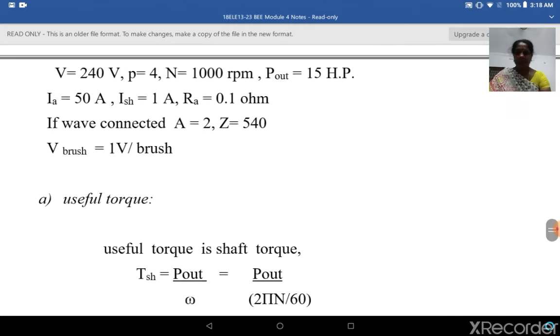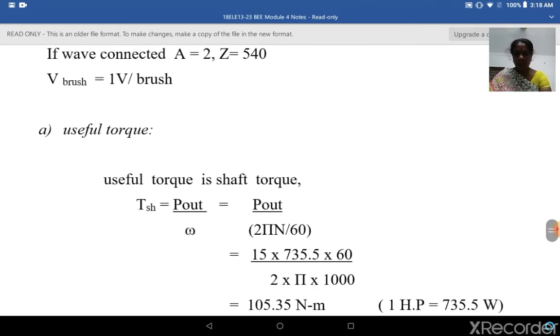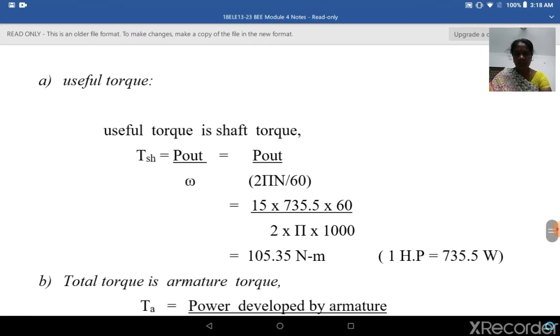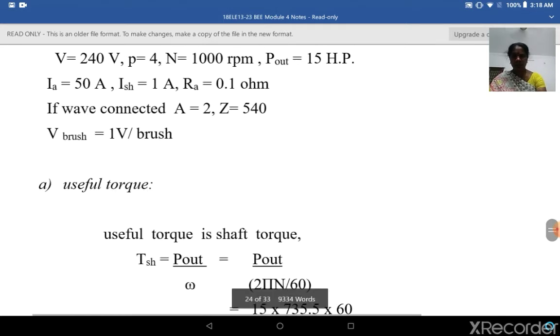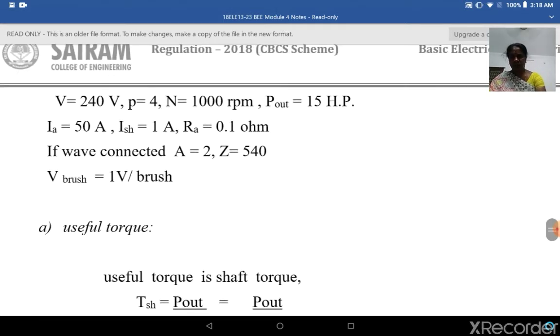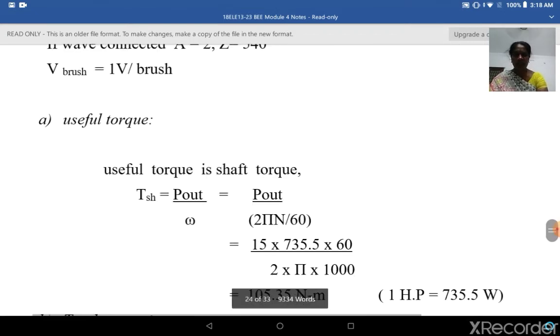Make use of the formula. Useful torque, that is the shaft torque, is Tsh. Tsh is equal to Pout by omega, where omega is 2 pi N by 60. Pout is given as 15 horsepower.